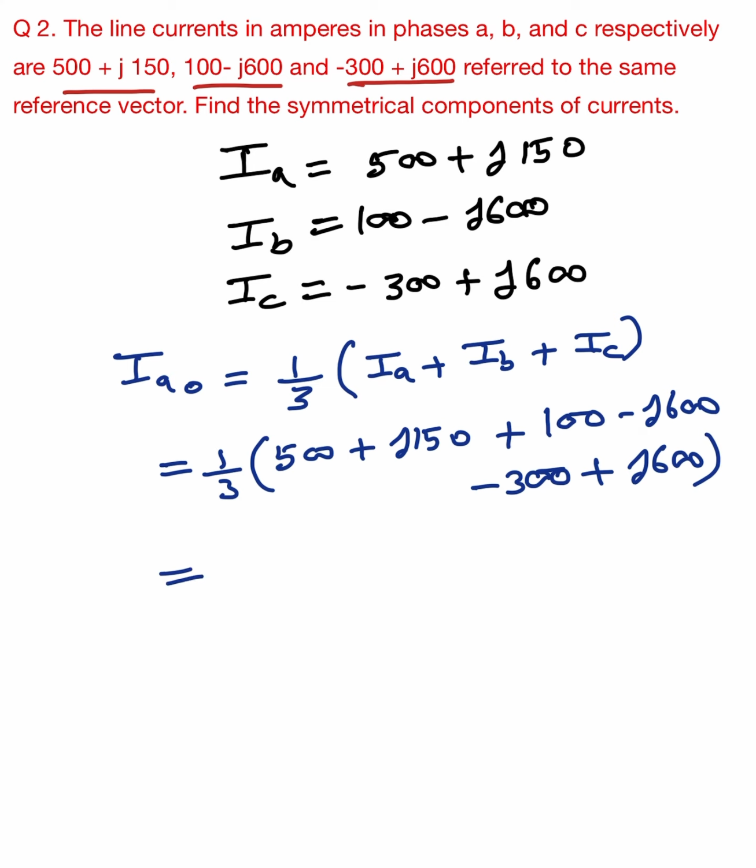When you calculate it, the value is 100 plus j 50 amperes. That is the value of the zero sequence current.